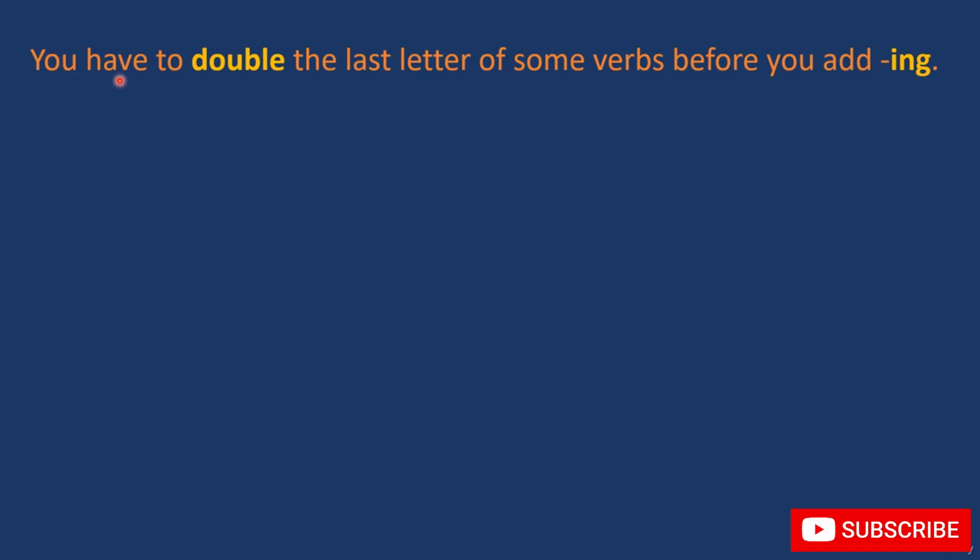I need you to remember that you have to double the last letter of some verbs before you add ing. For example, if I have the verb get and I need to add ing, take care that the last letter in the word get is a consonant, and before the consonant I have a vowel.